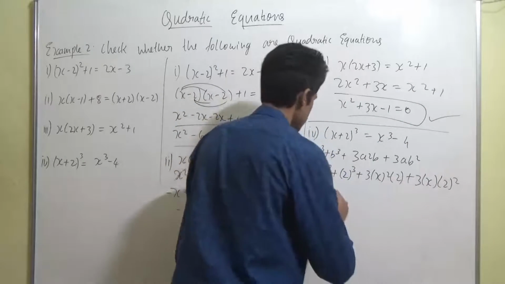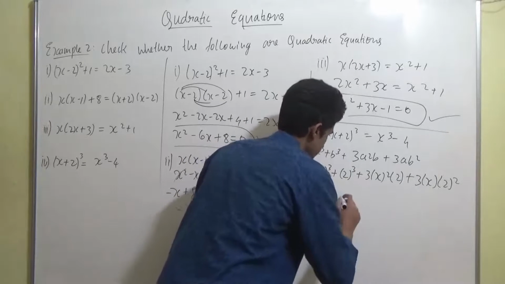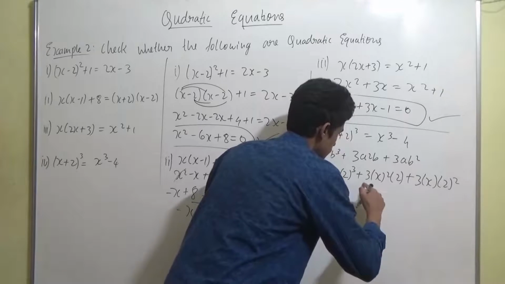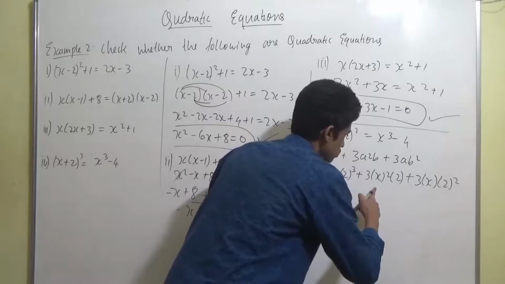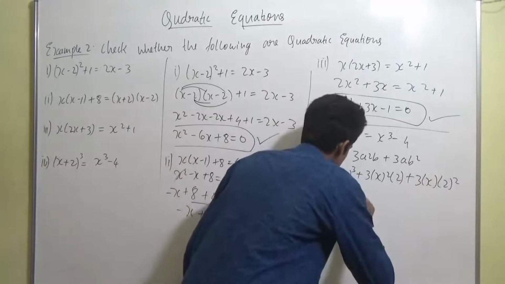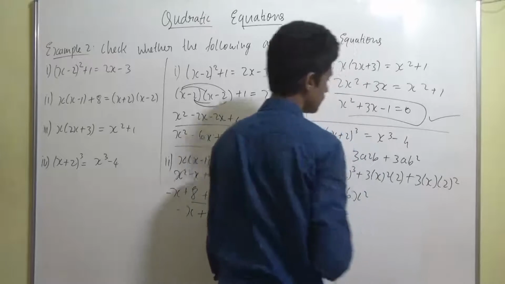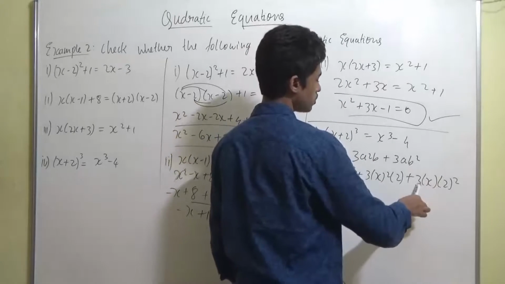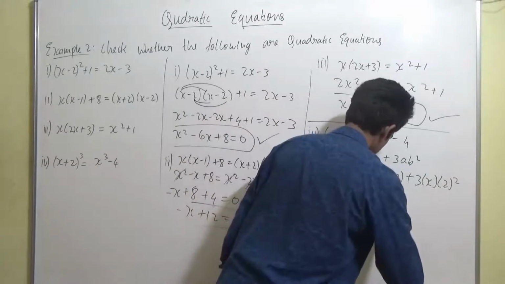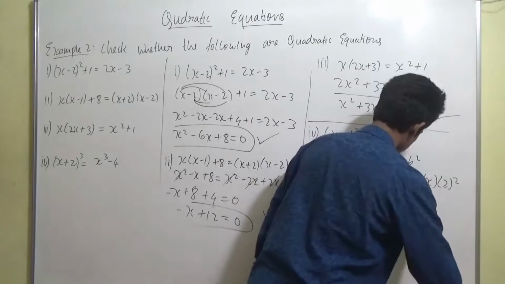So I'll start expanding this. This becomes x cube plus 8 plus 3 into 2 is 6, so 6x square, and this becomes 4 into 3 is 12, plus 12x, equal to x cube minus 4.